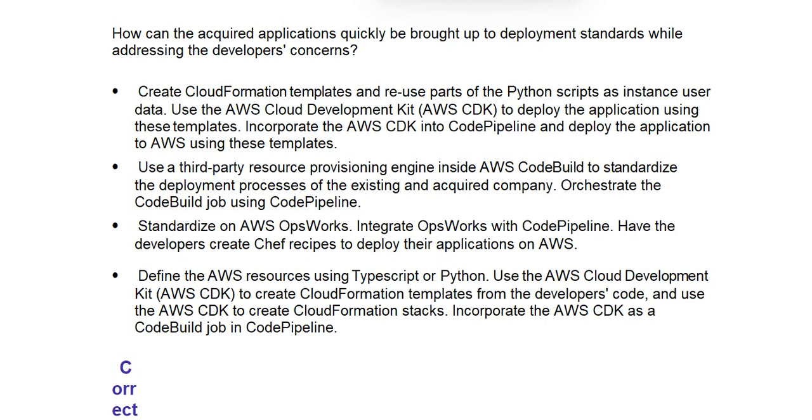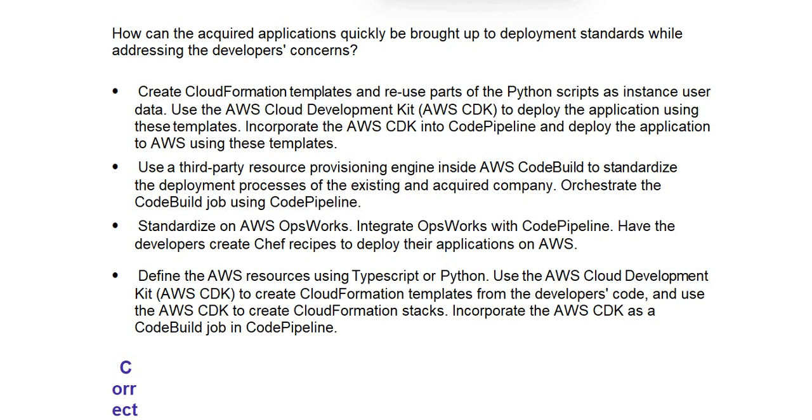Option B. Use a third-party resource provisioning engine inside AWS CodeBuild to standardize the deployment processes of the existing and acquired company. Orchestrate the CodeBuild job using CodePipeline.